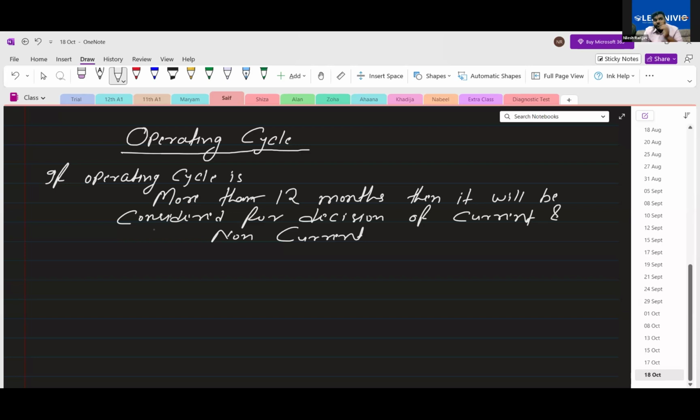Generally students get confused that it is more than 12 months, so it will be non-current. No. If operating cycle is more than 12 months, then we have to consider operating cycle for decision making. So it is 14 months. That's why a 13-month asset will be current asset. Is that clear? Yes. Please write this.